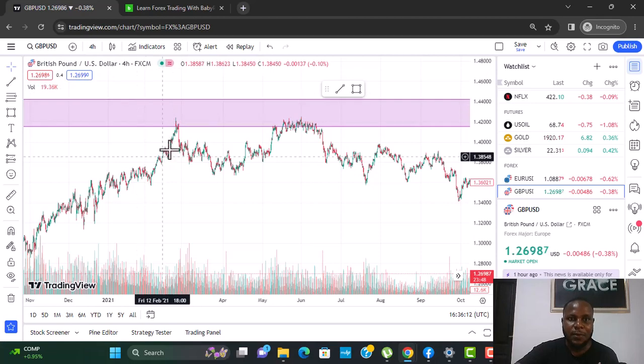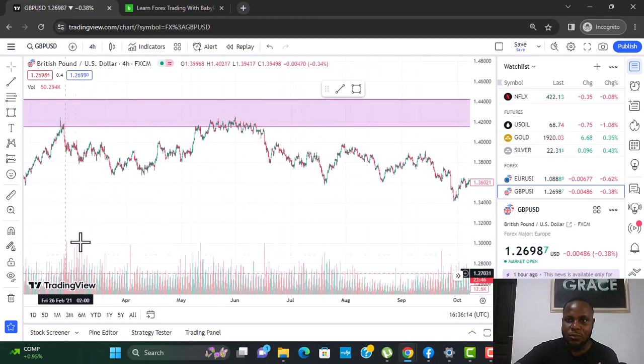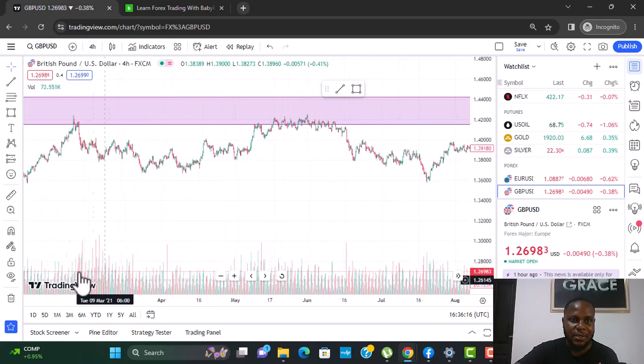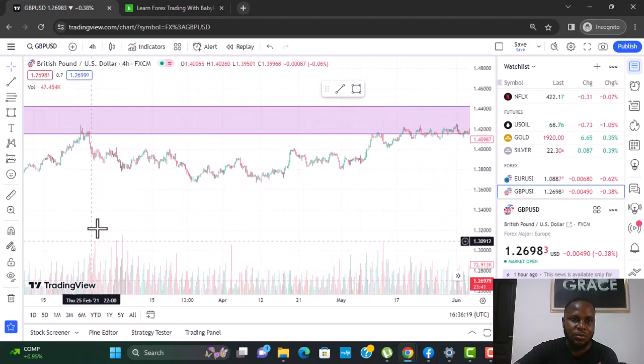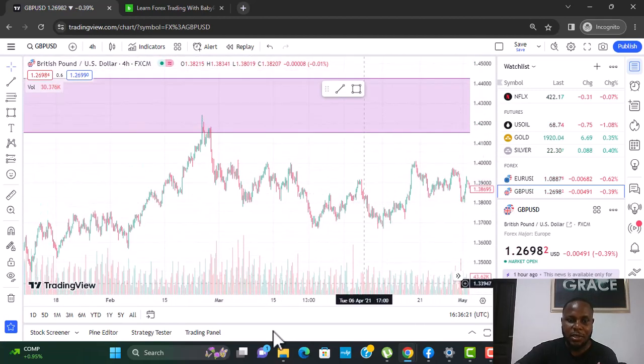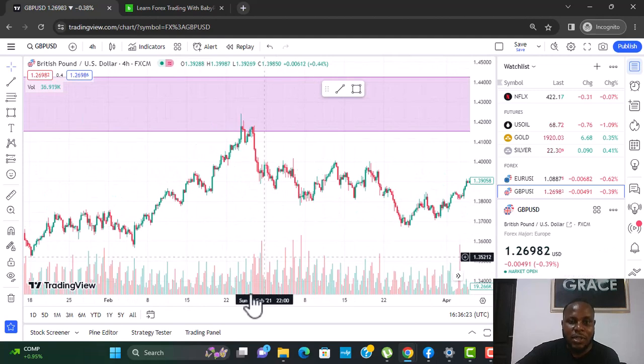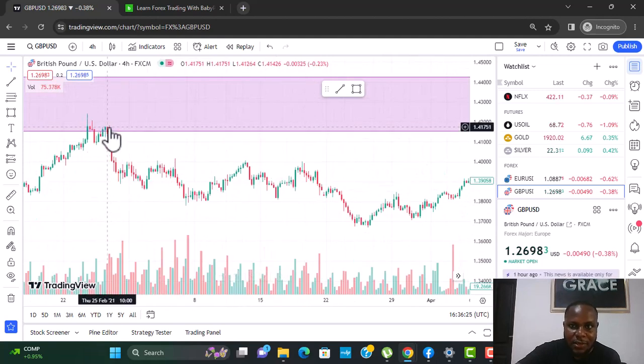Remember, the market moves in hundreds of pips at a time. So most times when you zoom in like this, you're still going to be making enough reasonable pips. So let's say, for instance, you had even entered the market from here, which is 1.77, down to 1.418.